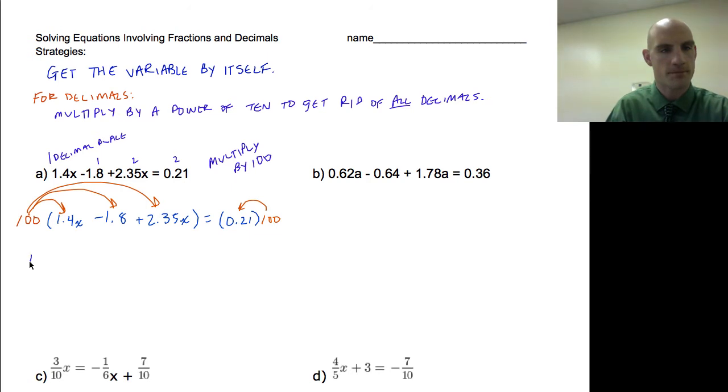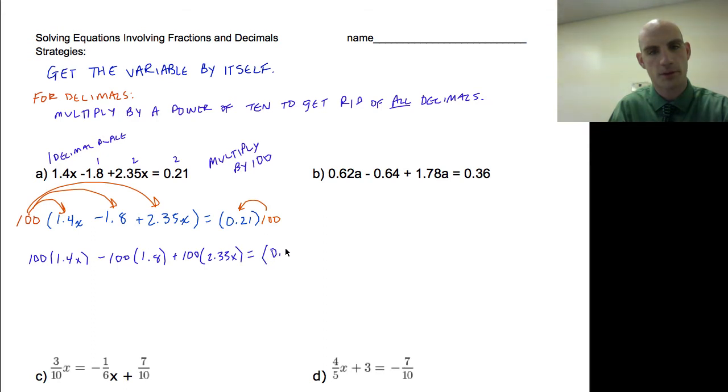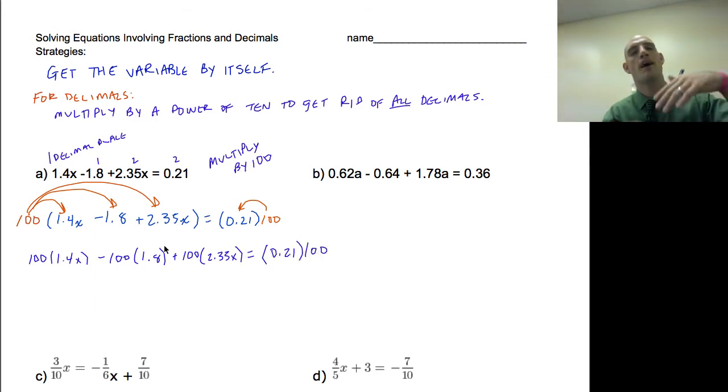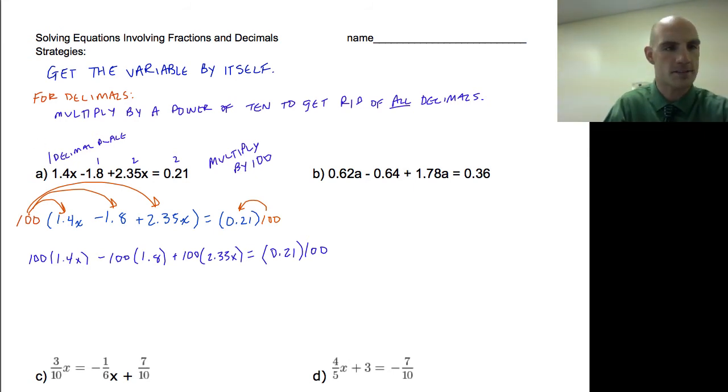So I have 100 times 1.4x minus 100 times 1.8 plus 100 times 2.35x equals 0.21 times 100. Well, I know that when I multiply by 100, I'm moving the decimal point two places.